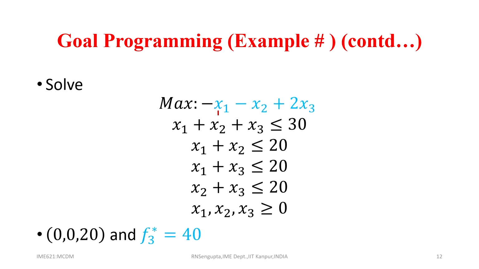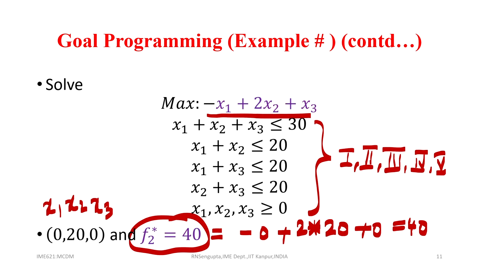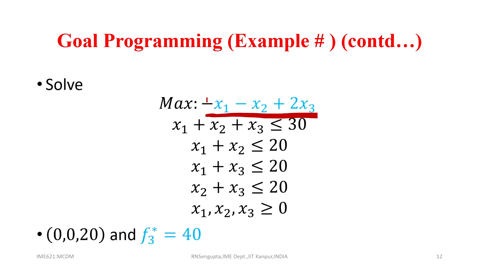Let us solve the third problem. The third problem is given here, and I have already repeated the coloring scheme. It is blue in color, which is minus x 1, plus, minus, plus and so on.